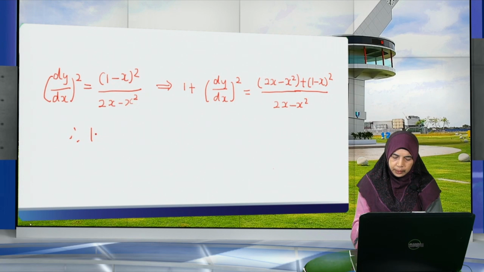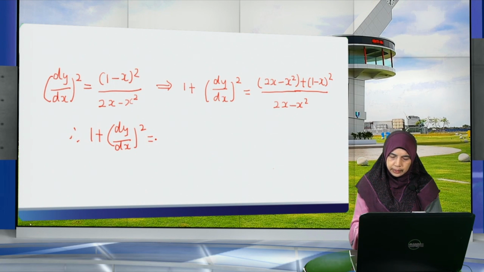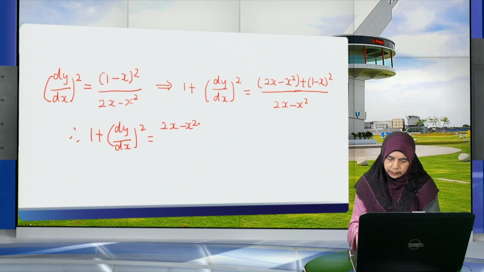Therefore, 1 plus (dy/dx) squared will give us, we just expand this one, we have 2x minus x squared plus 1 minus 2x plus x squared.